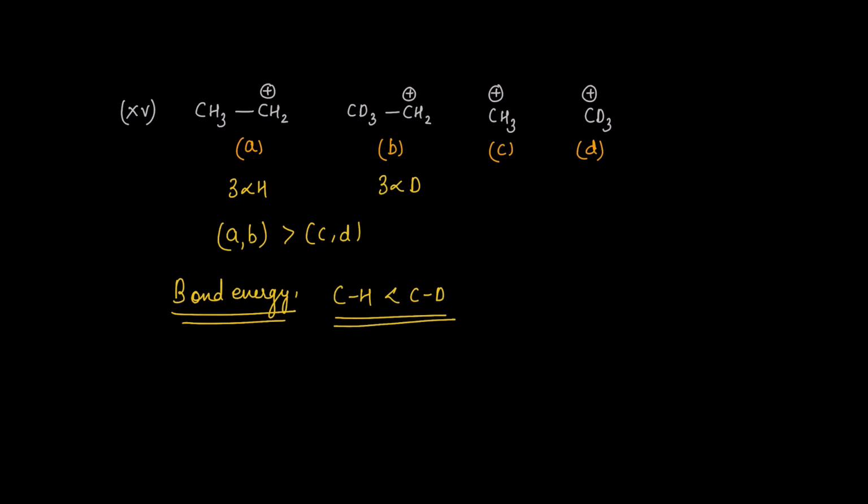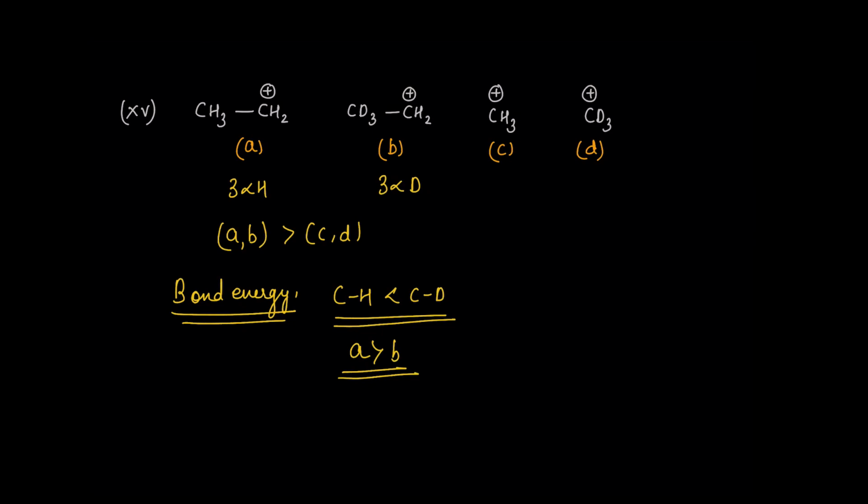Now, when we are doing this hyperconjugation, the lower bond energy of CH would facilitate more stability towards the carbocation, right? So the CH bond would break more easily, which will stabilize the carbocation more as compared to CD, which has a higher bond energy. Therefore, we can say that A is more stable than B due to the lower bond energy of CH.